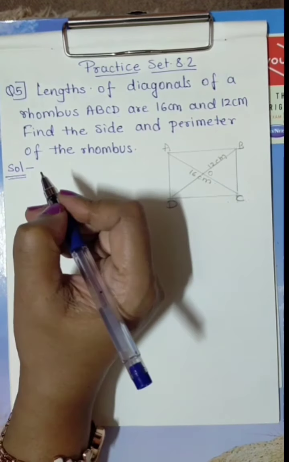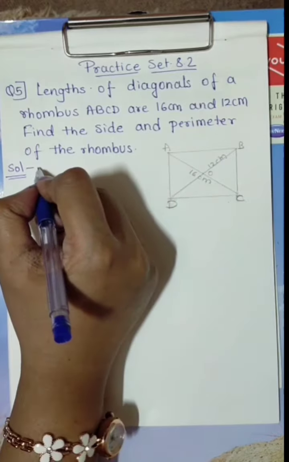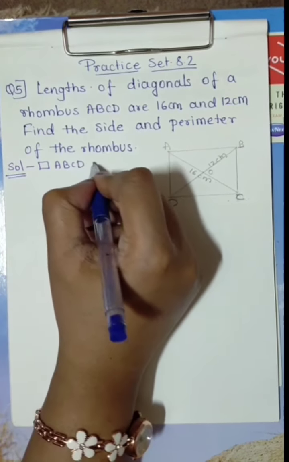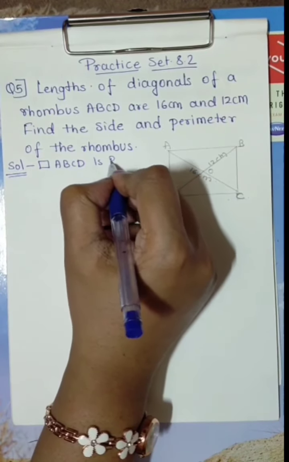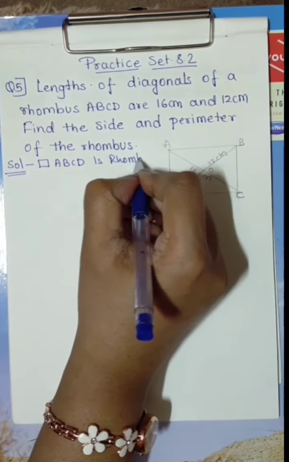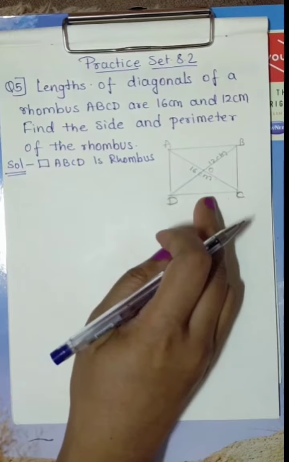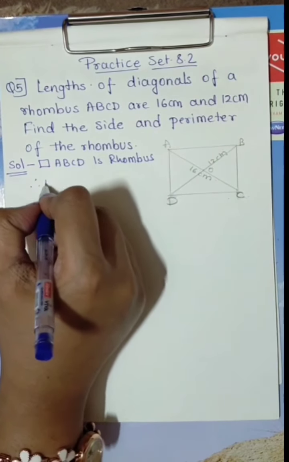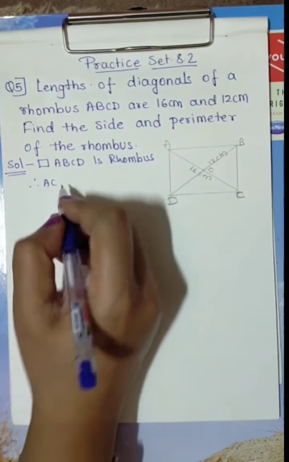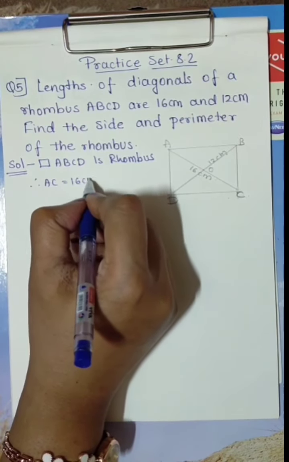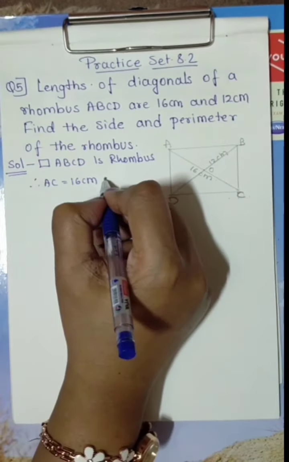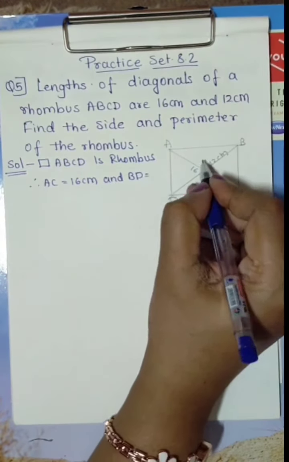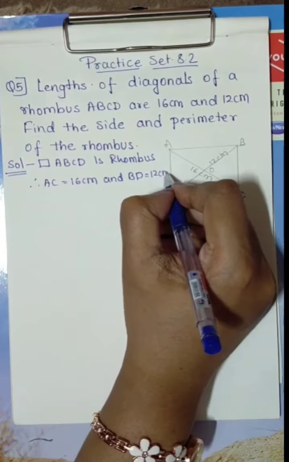I will start with the solution. Here what is given? Quadrilateral ABCD is a rhombus. AC equal to 16 cm, and BD equal to 12 cm. It is given.